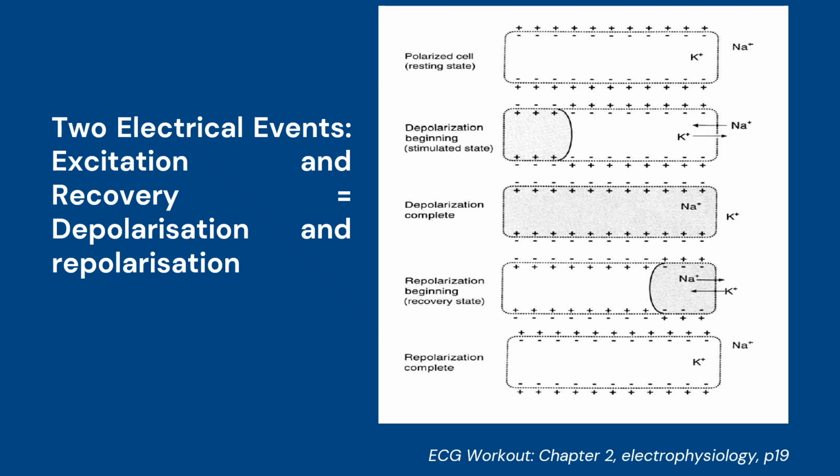If we look at the electrical events, as we said, they are excitation and recovery, or depolarization and repolarization. The normal cardiac muscle cell under resting condition is in the polarized state. The polarized state means that the interior of the cell is negative and the exterior of the cell is positive.